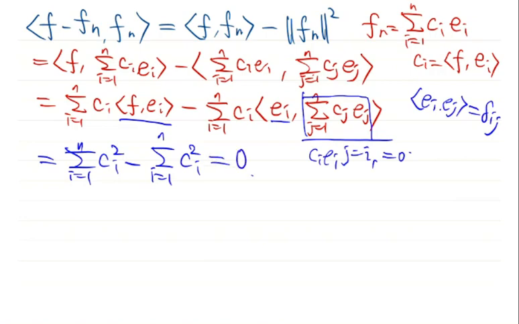So this means that f subtract its projection is orthogonal to fn.